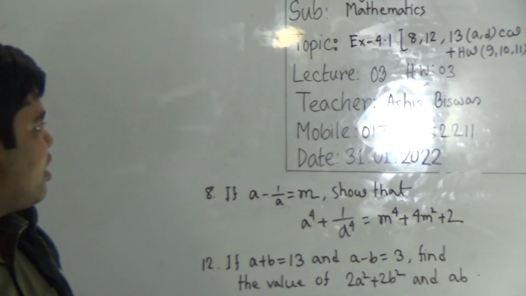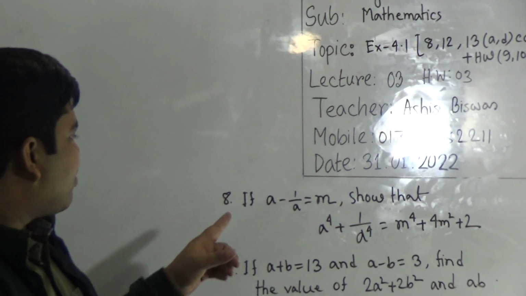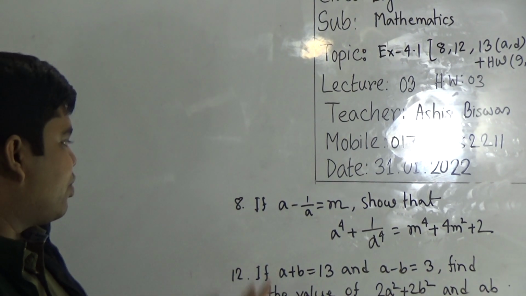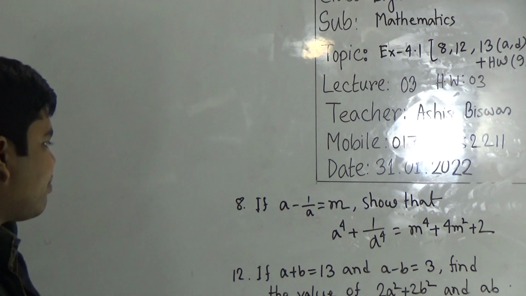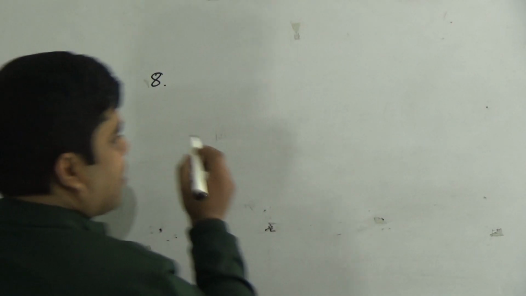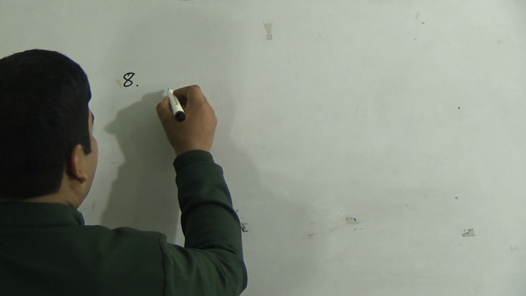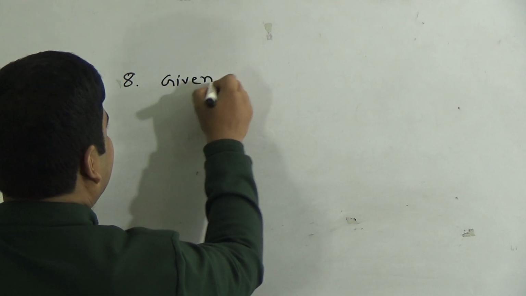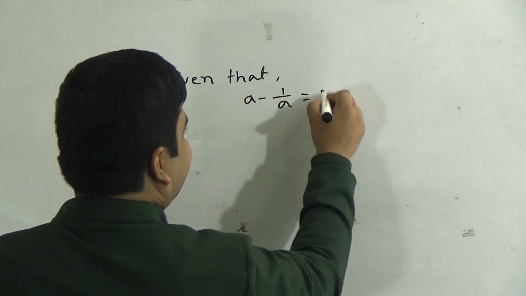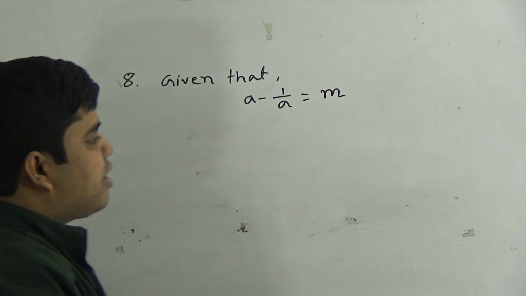I have already written questions number 8, 12 and 13 from your math books on the board. Now we shall start to solve question number 8. Here question number 8 is: given that a minus 1 by a equals m.